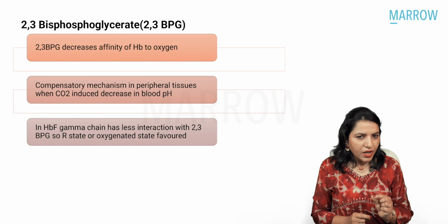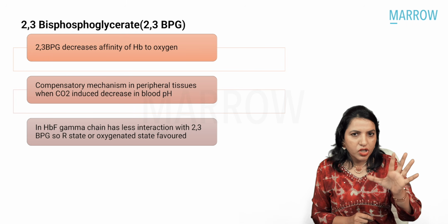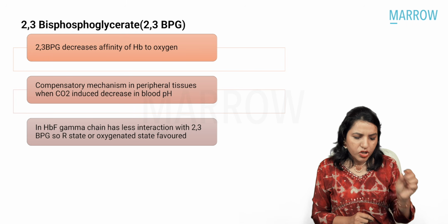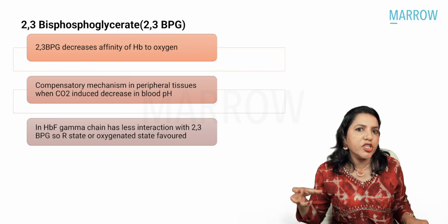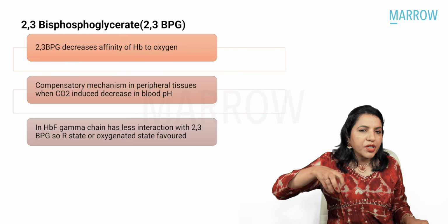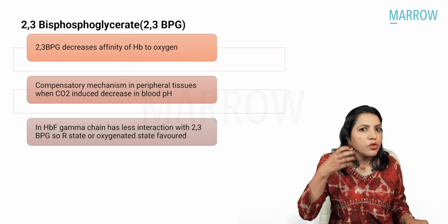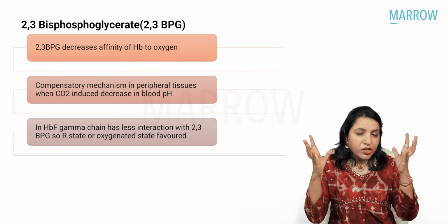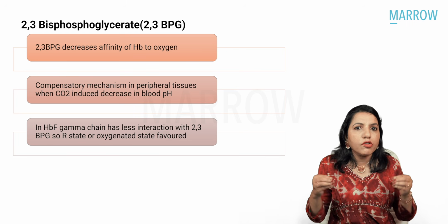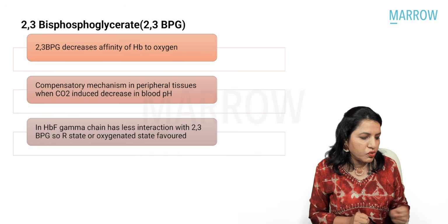Why? It's because HbF has 2 alpha and 2 gamma chains. In these gamma chains, instead of these positively charged amino acids, you can find amino acids like serine. We know that serine is a neutral amino acid, which cannot form a positive core, which means it cannot attract the negatively charged 2,3-BPG.